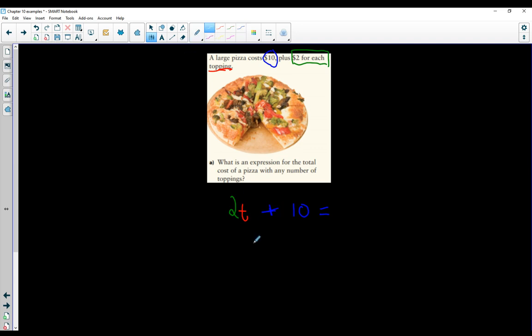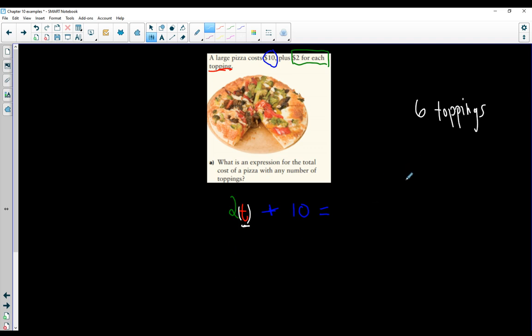Let's say, for example, you're a hungry person and you want 6 toppings on that pizza. How could I use this expression to calculate my final cost? Let's replace the variable t with our number, in this case 6 toppings.